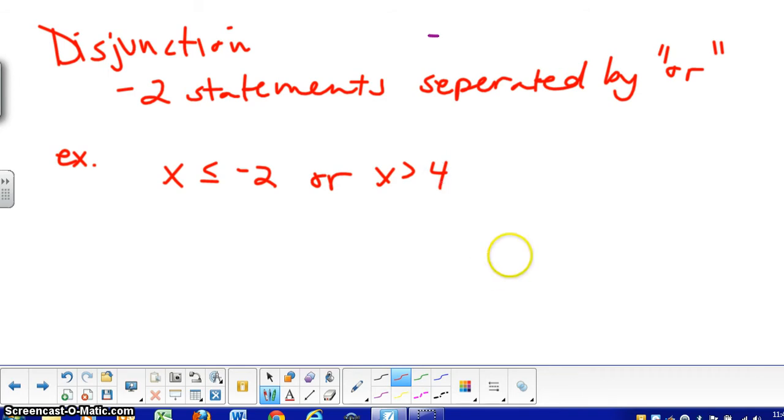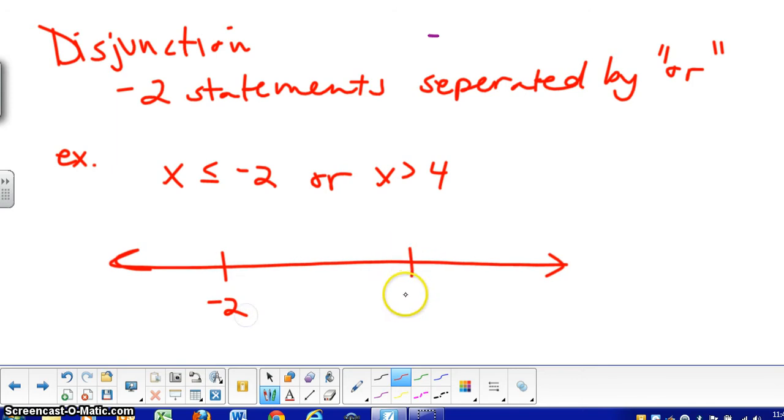When you have a problem like this on your graph, you put the smaller number first and then the larger number. The -2 has an equal sign underneath it, so we're going to shade that in, and the 4 has a greater than, so we're going to have an open dot there. Less than means everything to the left. Greater than means everything to the right. And then we'll shade in.